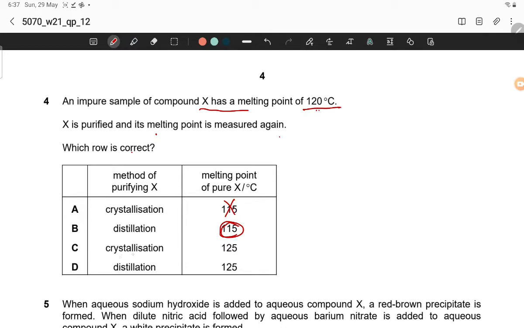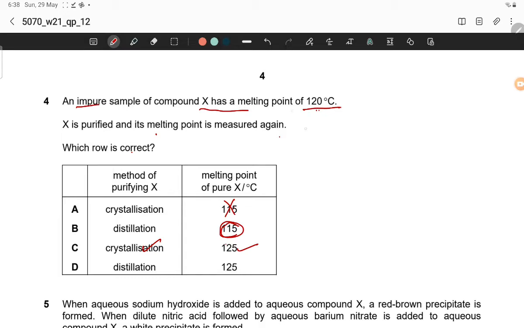Crystallization is correct, and 125 degrees centigrade, because when it is solid its melting point is 125 degrees centigrade, so this could be correct.